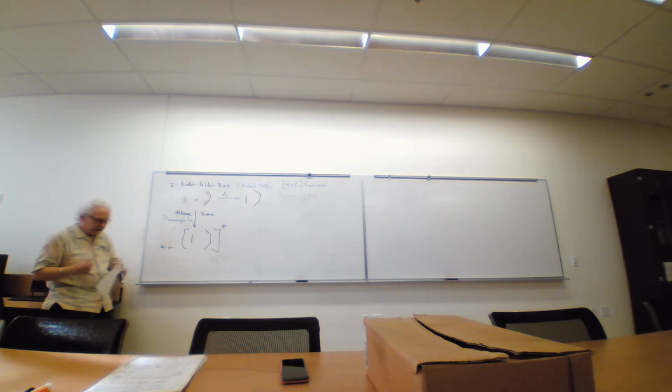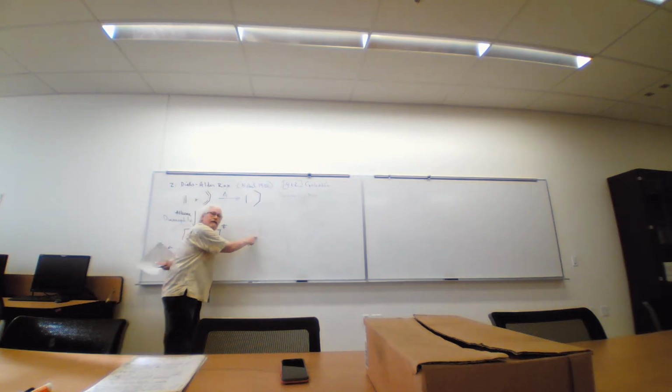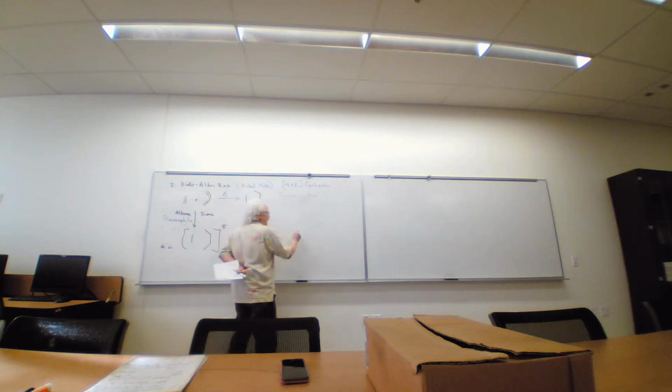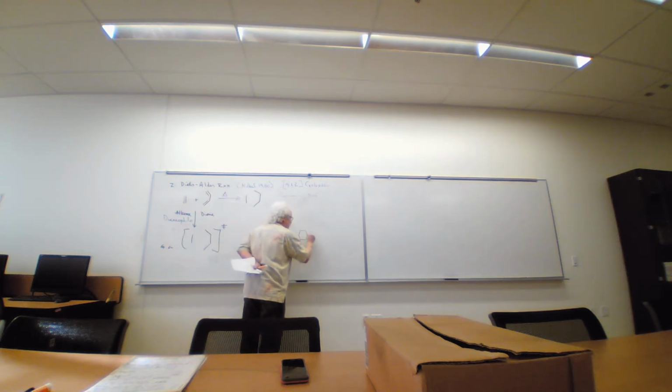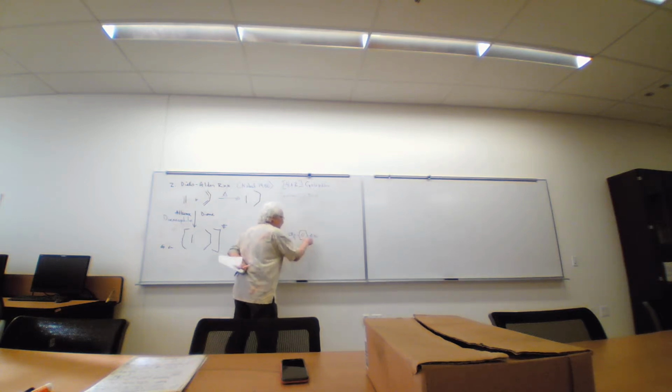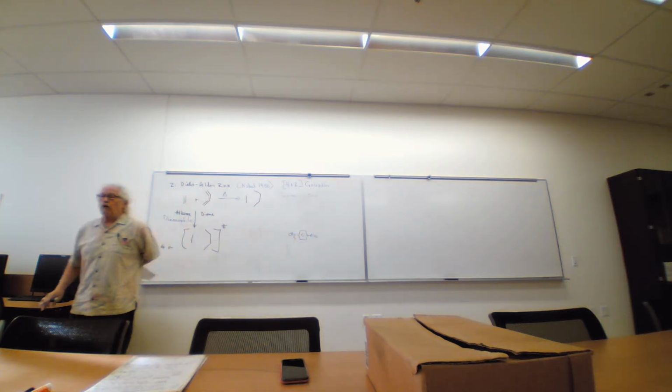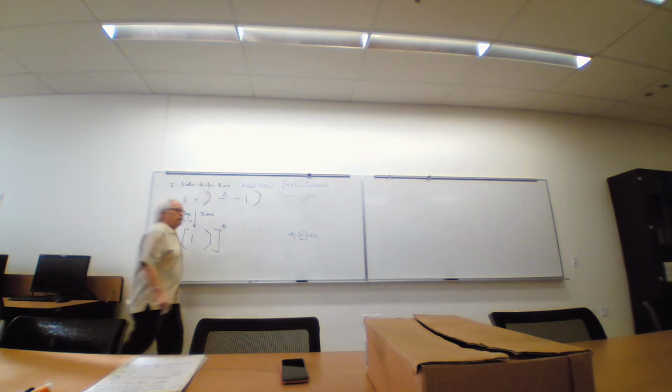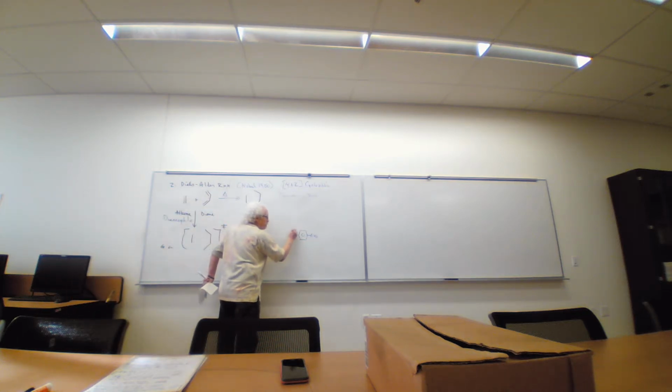Resonance. Remember this one right here? Last semester we looked at this, didn't we? Why is that such a powerful nucleophile? Because the oxygen here is donating electron density by resonance over to here.